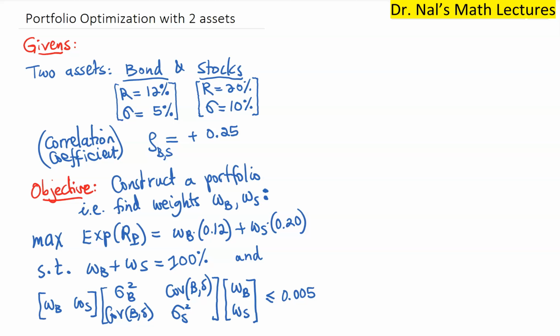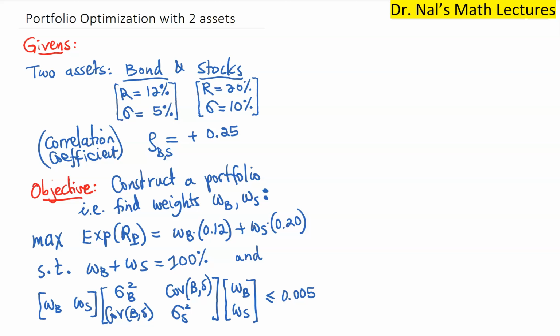Just to remind you, a correlation coefficient is always a number between -1 and 1. As it gets closer to +1, it means the securities are more correlated, perfectly correlated when they are exactly equal to 1. And when it gets closer and closer to -1, it means they are perfectly negatively correlated.